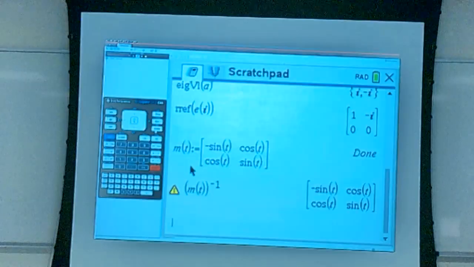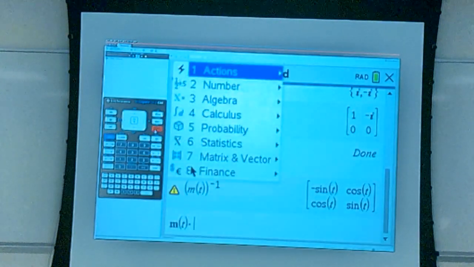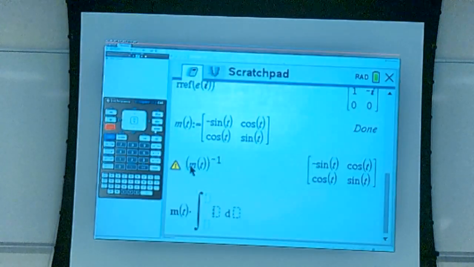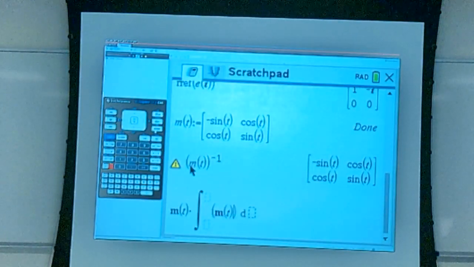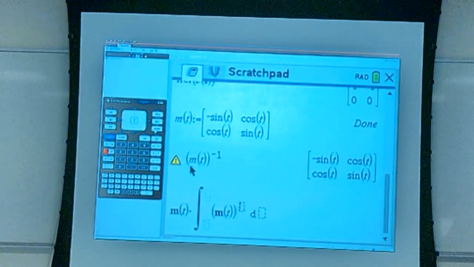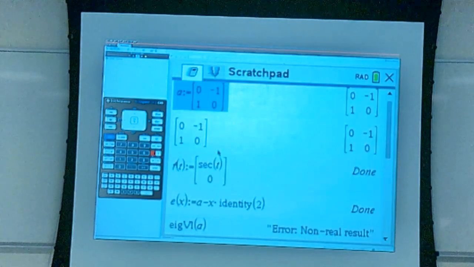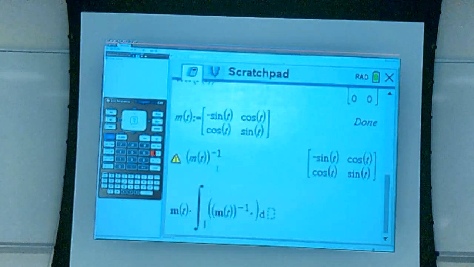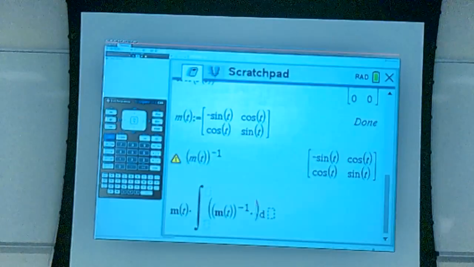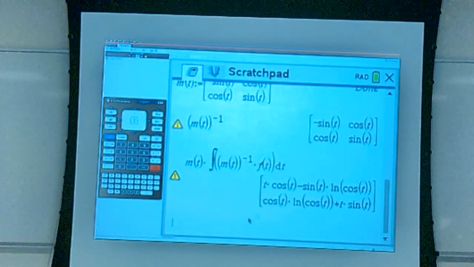Notice it didn't change. So that's what it is. So it's going to be m of t times the integral of the inverse times f of t with respect to t.